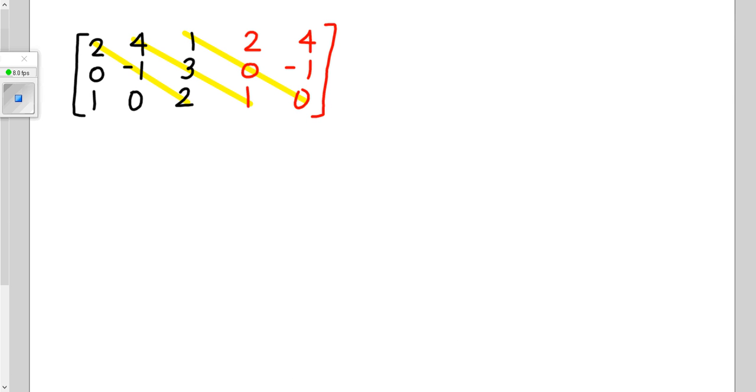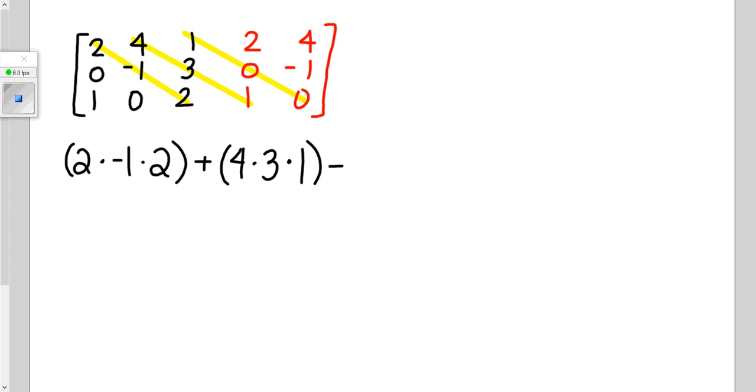So I've got 2 times -1 times 2. Remember, with the yellow, we add. Once we get to the blue, we'll subtract. Okay, so that's all those main diagonals, all the yellow.